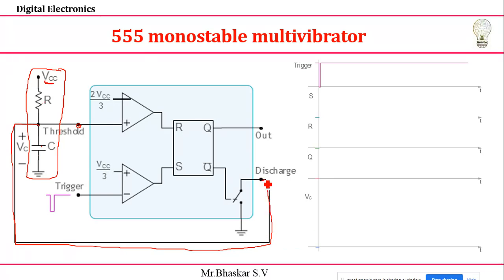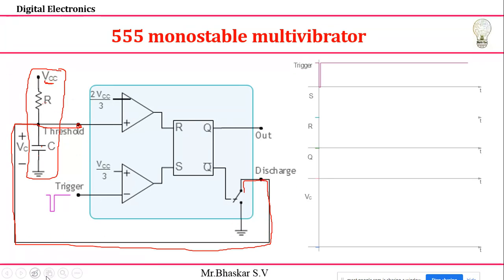The discharge pin I'm going to connect, and another I'm going to connect to the threshold pin. It's very simple, I'm going to use R and C. Between R and C, I'm going to connect both the threshold as well as discharge pins. Next, this is discharge I'm going to connect, and VCC we are going to connect.